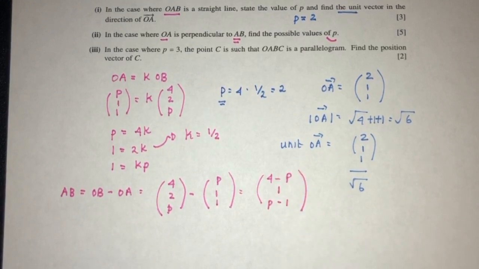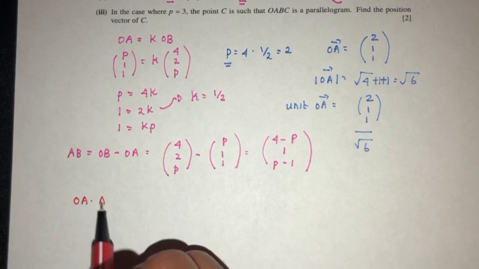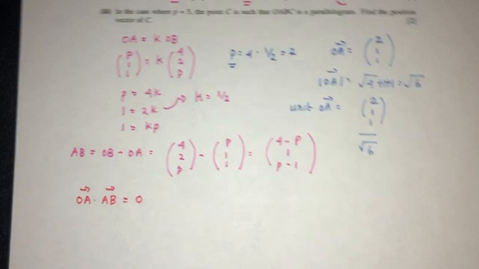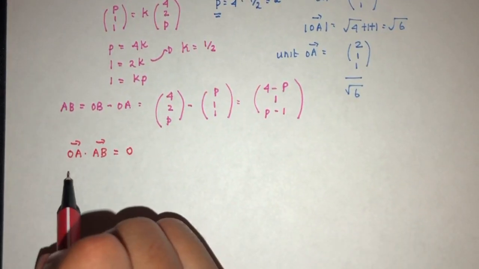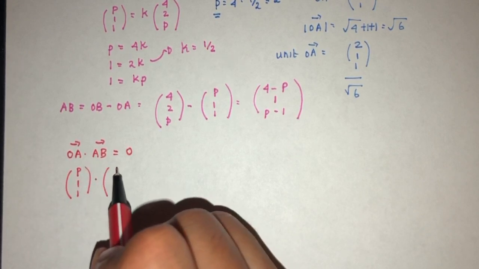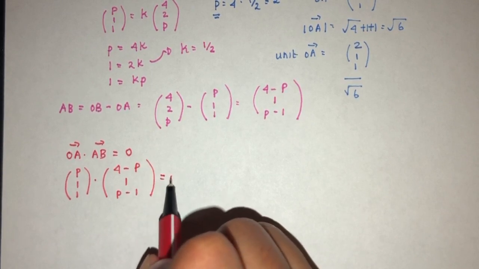Now we understand that if they are perpendicular, the dot product of OA and AB should give you the value of 0. So (p, 1, 1) dot product (4 minus p, 1, p minus 1) should be 0.